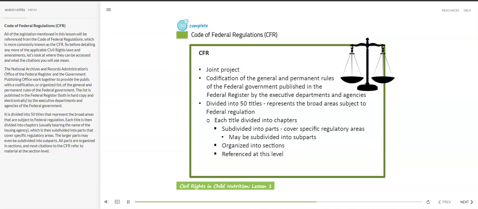It is divided into 50 titles that represent the broad areas that are subject to federal regulation. Each title is then divided into chapters, usually bearing the name of the issuing agency, which is then subdivided into parts that cover specific regulatory areas. The larger parts may even be subdivided into subparts. All parts are organized in sections, and most citations to the CFR refer to material at the section level.